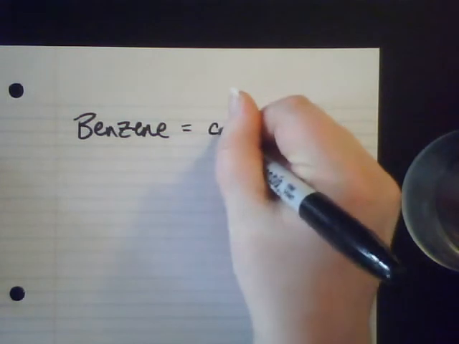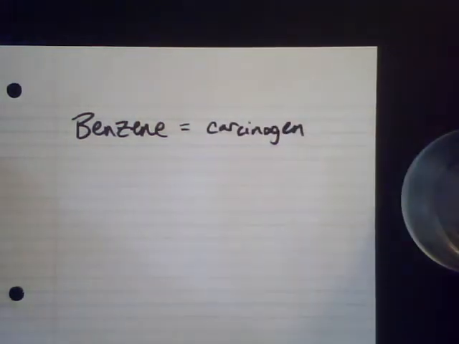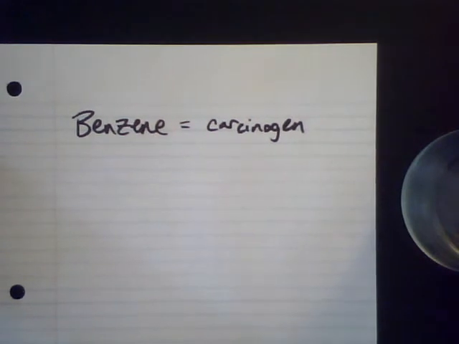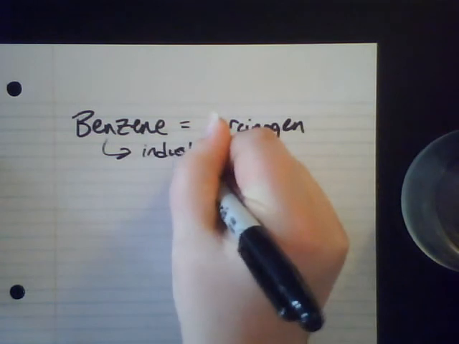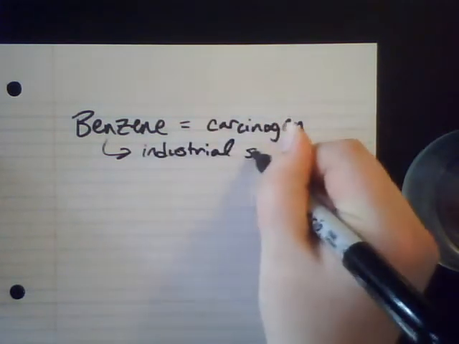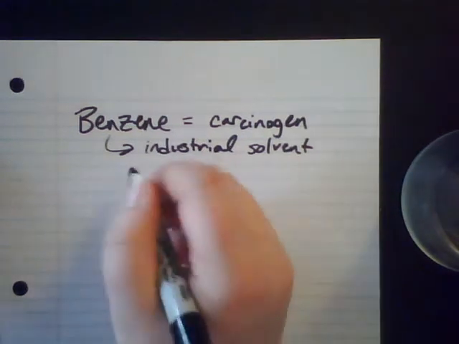Benzene is a carcinogen, which we said means that it causes cancer. It's used as an industrial solvent. And we'd use it in a different way than we use alcohols because benzene is all non-polar.